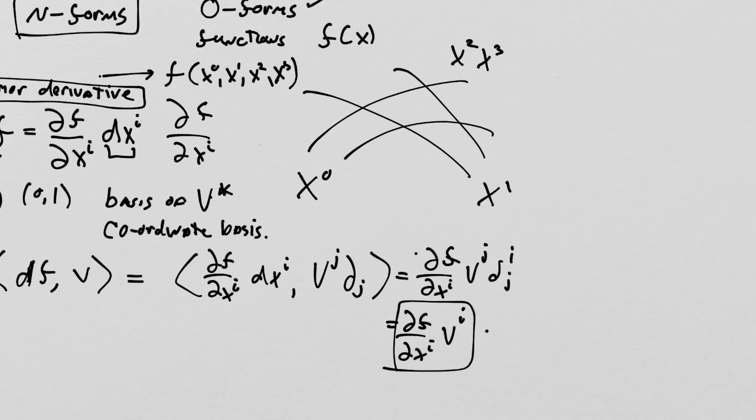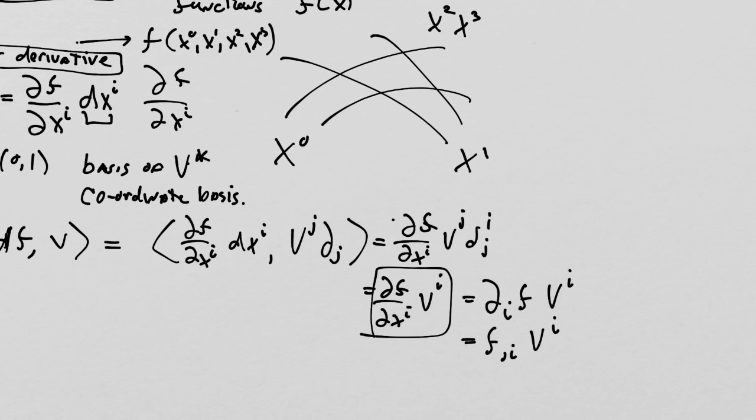And this has a bunch of different notations, right? So this could be partial_i f v^i, like that, or it's f comma i v^i, right? We had that common notation for d by dx^i of f is f comma i.